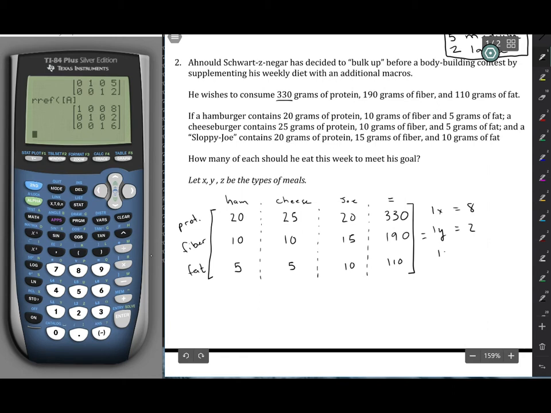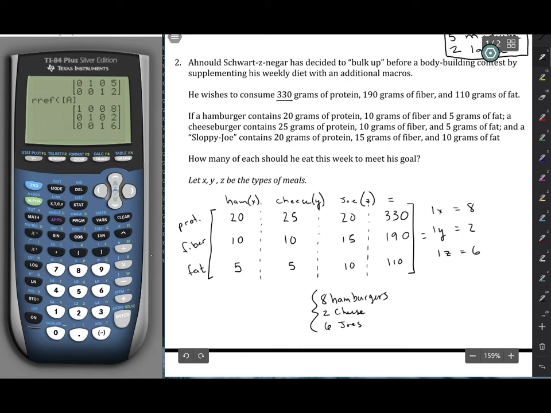And 1z is equal to 6, meaning that x, which is hamburgers, so I did not label those, but hopefully you got the idea. So 1x is 8, so that means we need 8 hamburgers, 2 cheeseburgers, and 6 sloppy joes. Boom, boom, boom.